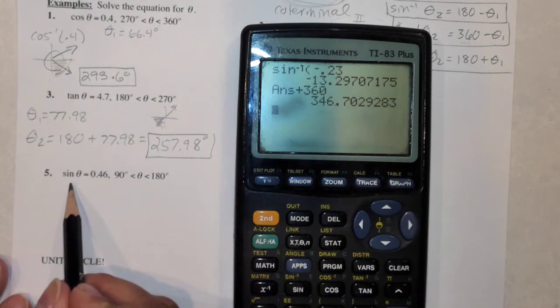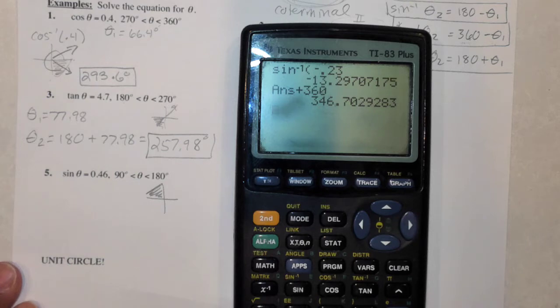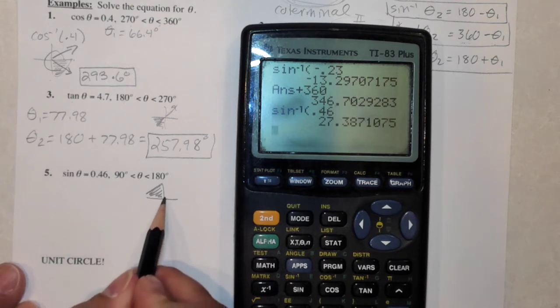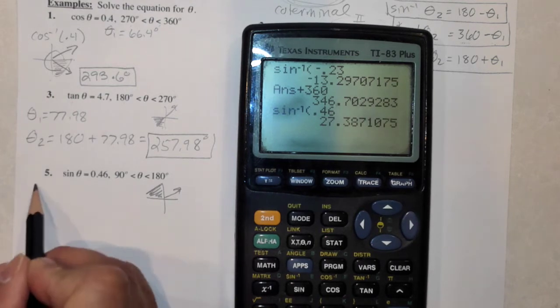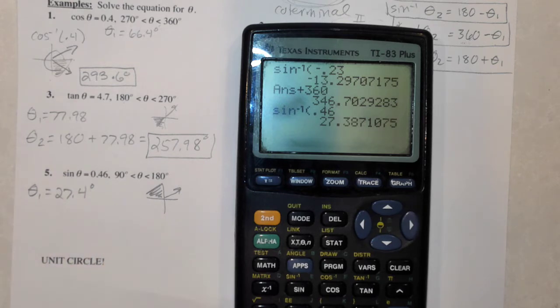Back to sine inverse. I'm trying to be between 90 and 180, so I'm trying to stay in quadrant 2. If I do inverse sine of 0.46, it's telling me that my angle is 27.4 degrees or so, but that is absolutely not the right direction.